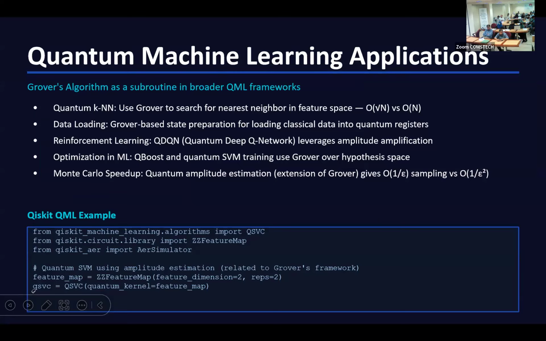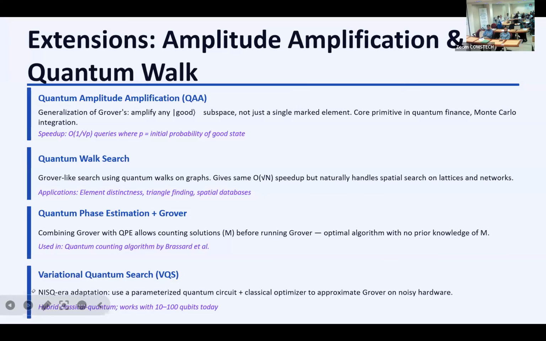Wherever you see data, structured or unstructured, and it's a problem to do anything with it, always use Grover's algorithm.